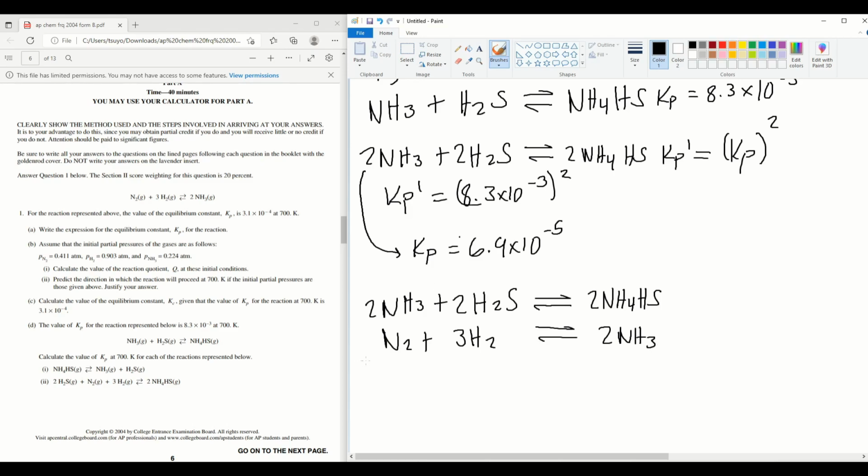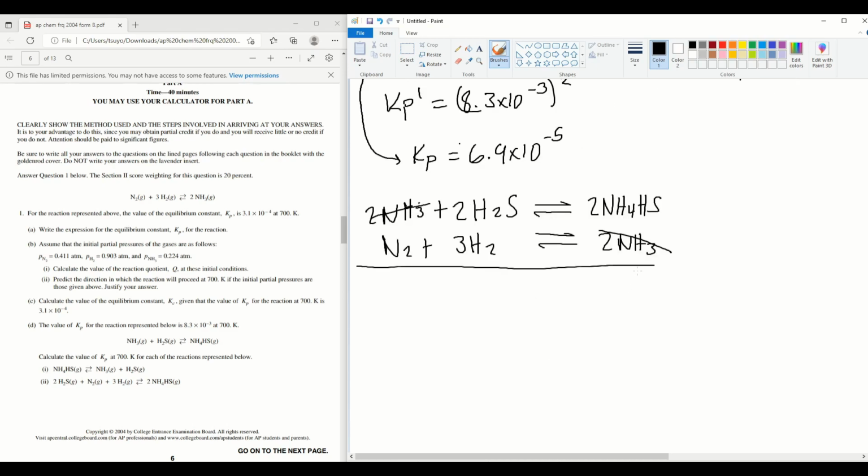So we're just going to add these two reactions together, so we can see that these two cancel out because they're both 2 NH3 on the opposite sides. So those are going to cancel out. And then we can just add the rest. So we get 2 H2S plus N2 plus 3 H2.